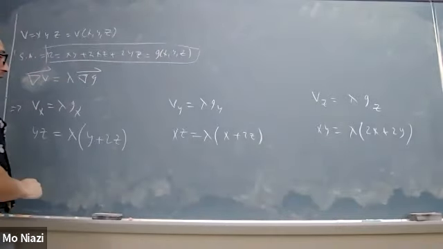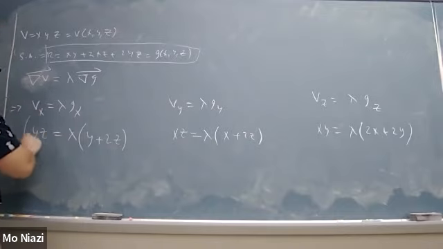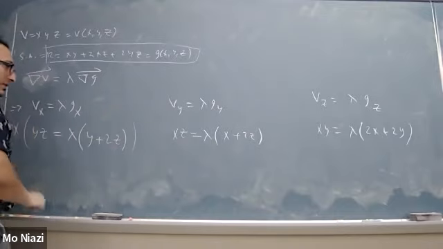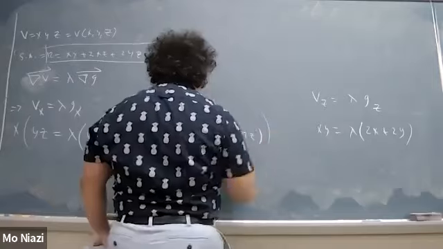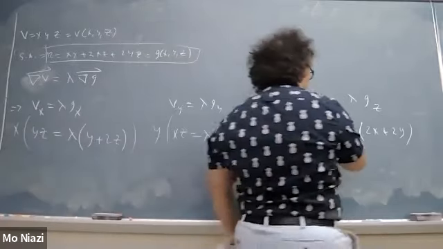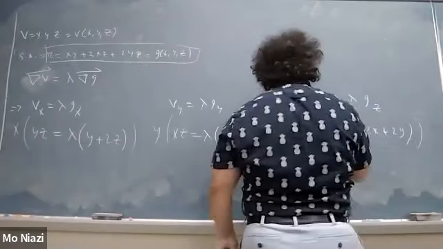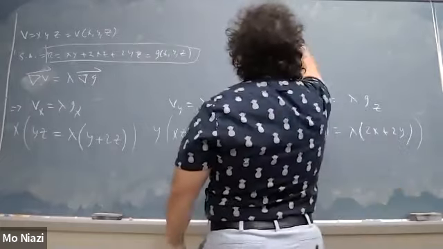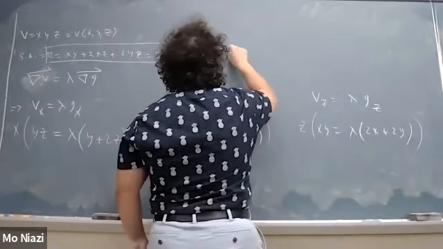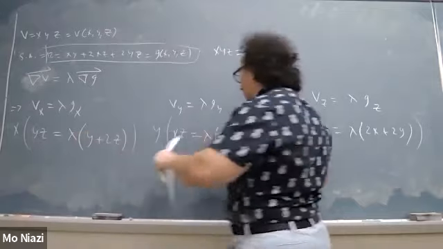Yeah, so one way to do this is multiply all of this by x, multiply all of this by y, and multiply all this by z. Notice then we would get x, y, z on the left-hand side of each of these equations.